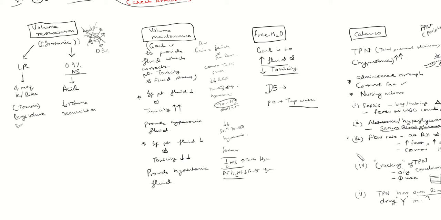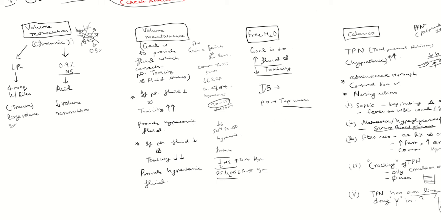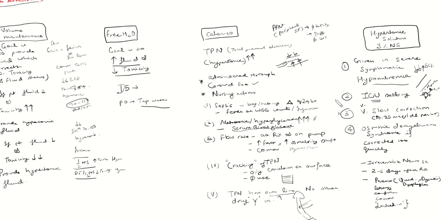Again, free water, we talked about D5 or tap water. And then calories, we talked about total parenteral nutrition. And then last but not the least, we talked about that one case where we gave this 3% normal saline hypertonic solution in ICU, otherwise it causes osmotic demyelination syndrome.